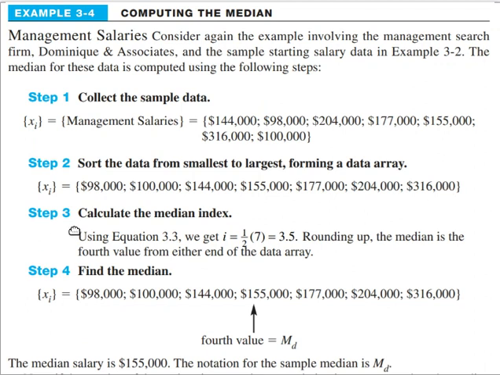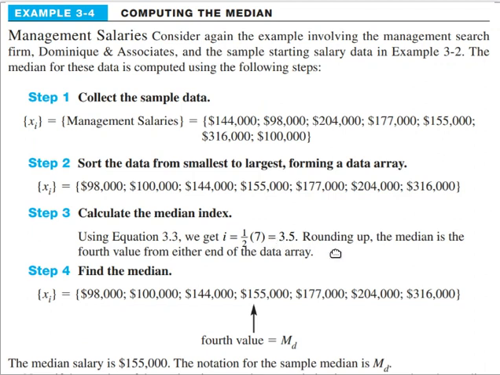Then step 3, calculate the median index. Ang tunga-tunga niya, we get i equals 1/2 times 7 because n is 7. 7 man is lakabuok 1, 2, 3, 4, 5, 6, 7. 1/2 times 7 equals 3.5.